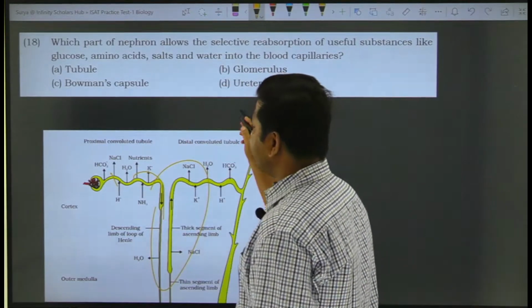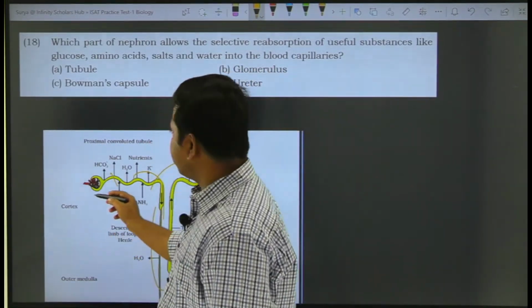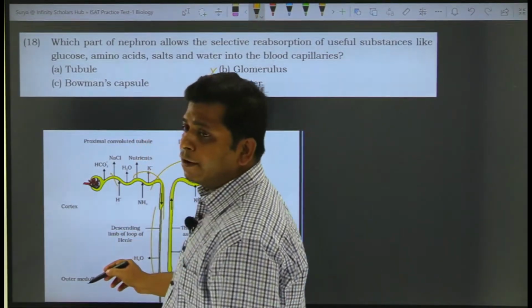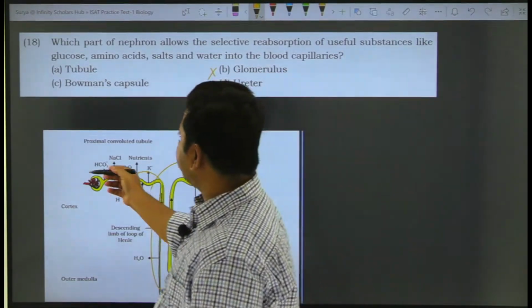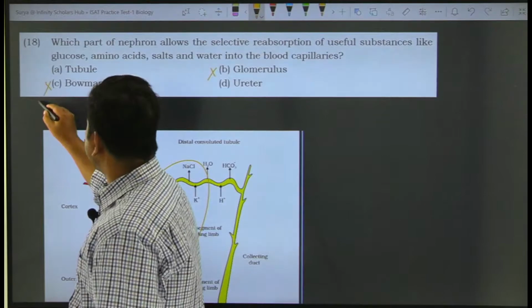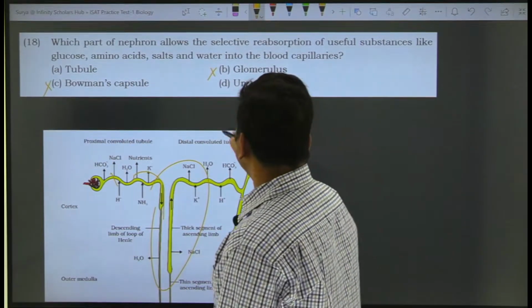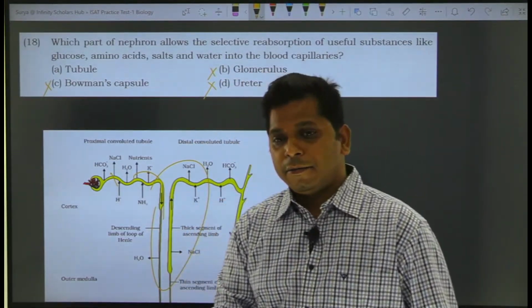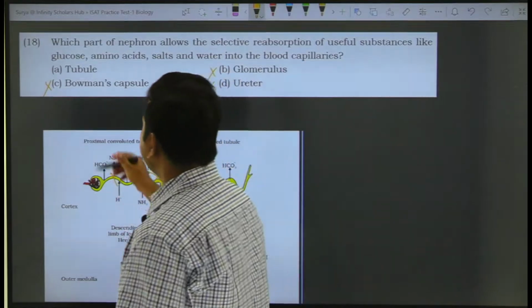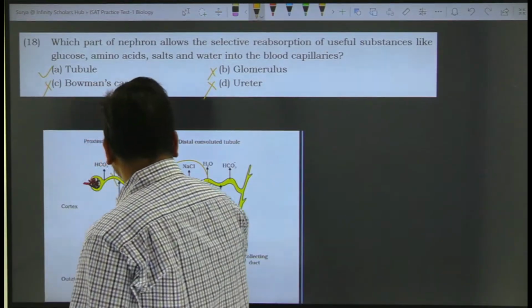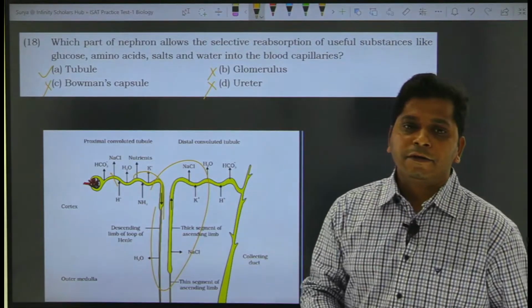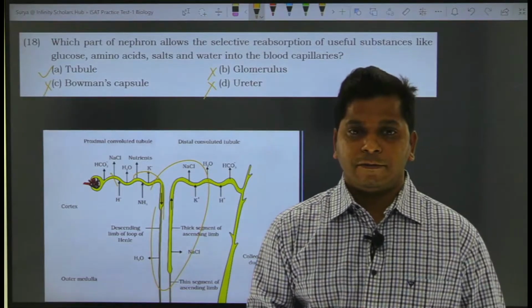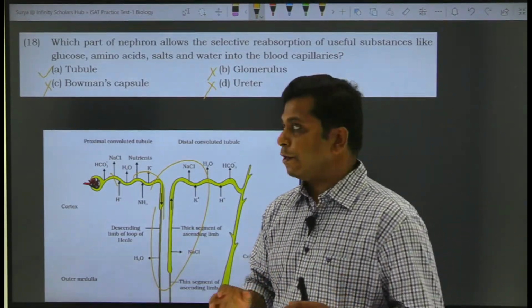Glomerulus is a part of the blood vessel, so that is incorrect. Bowman's capsule is a part of the nephron which helps in the filtration, not the reabsorption, so this is also incorrect. Ureter is not concerned with this, it carries the final urine into the bladder, so that is also incorrect. Tubule is the correct answer, because this is the part of the nephron where selective reabsorption takes place. Selective molecules which are useful for the body are reabsorbed.